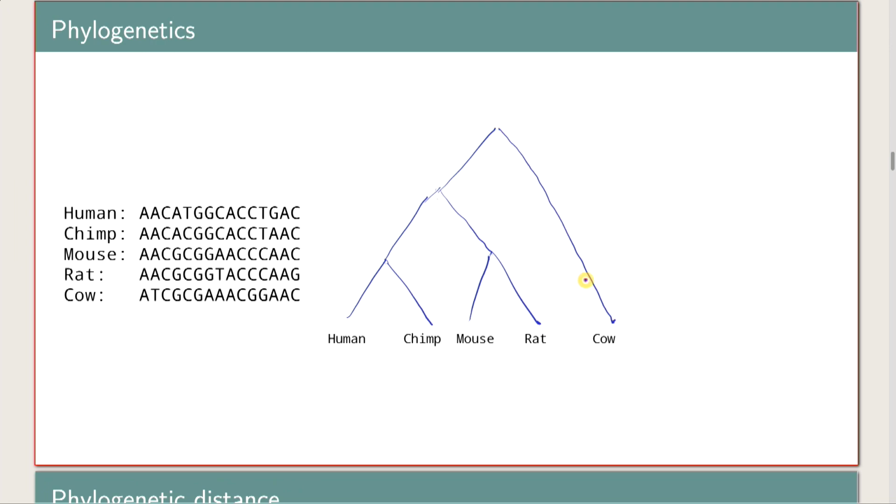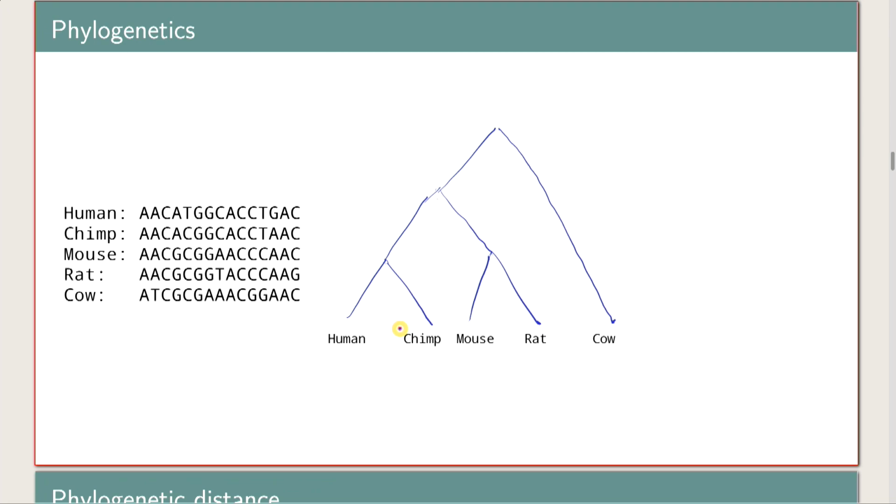The simplest example is what's called the molecular clock hypothesis, which is that everything is evolving at the same rate. So there's a constant mutation rate, and the number of mutations you expect along any branch would be roughly the same. But of course, these two are closer because they've been diverging for less long.